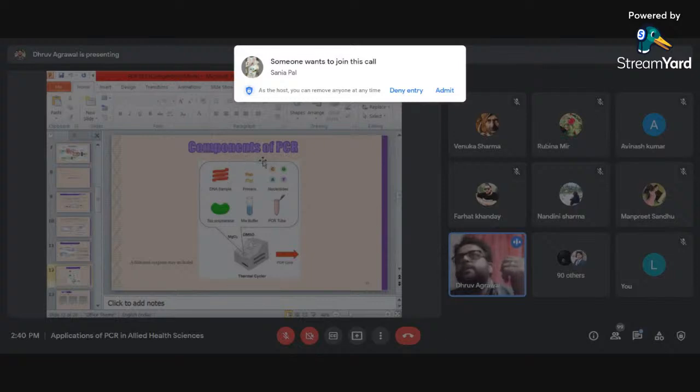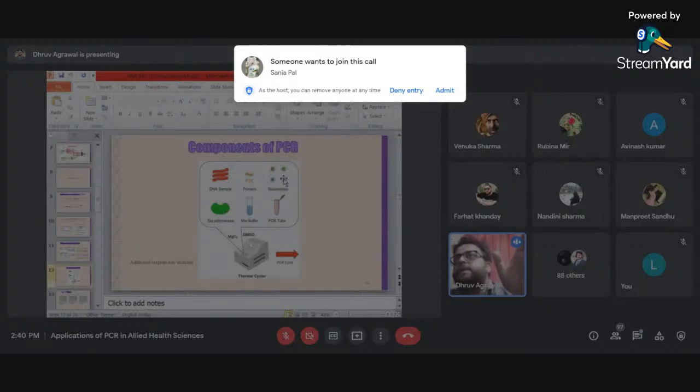Here you can see the different components which are required for the PCR reaction. One is a DNA sample, that is the template DNA from which you are going to copy the sequence for the gene. Then you require the primers, which will act as a start point for the DNA polymerase. Then you require the nucleotides. These nucleotides we provide artificially as dNTPs, deoxynucleotide triphosphates, right?